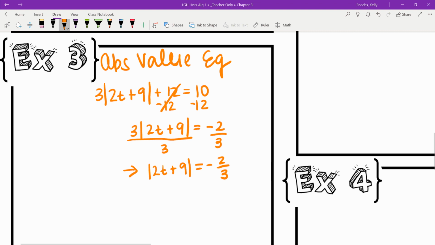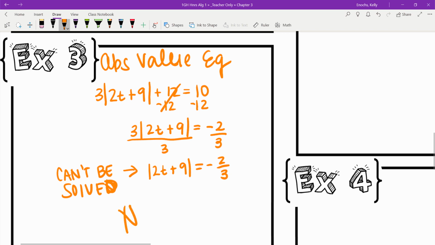Remember, we talked about that distance cannot be a negative number. You can be going to the left, which is on the negative part of the number line, but the distance amount is actually positive. So this actual absolute value cannot be solved. And if that's the case, then we're going to write no solution.